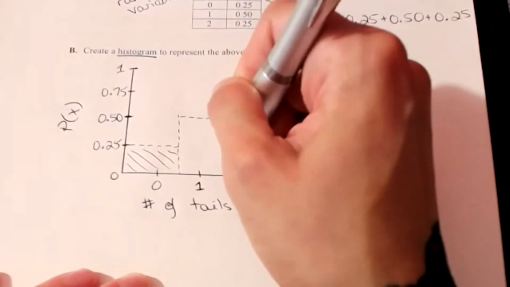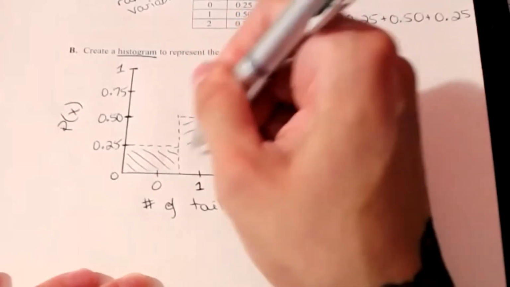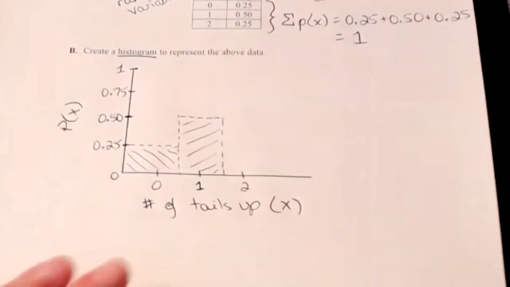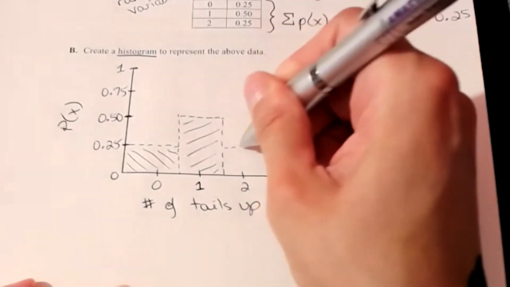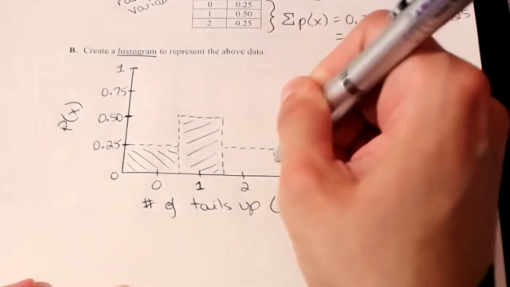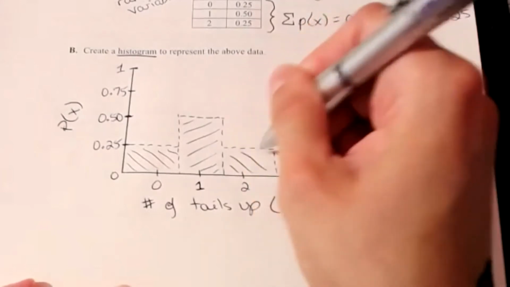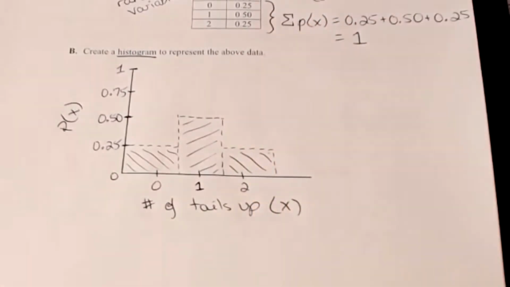Remember, we're just doing this by hand, so we can only be as accurate as we're able to be without using software. And then, of course, 2 tails up is also 0.25. Let's finish this graph here. And voila, we have our histogram. This is a histogram based on the probability distribution.